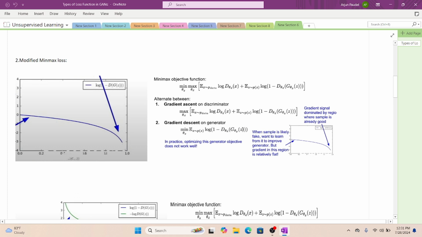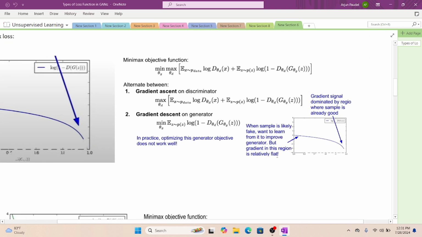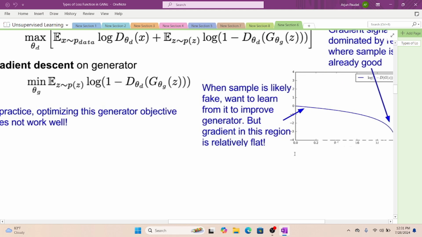We will not use this objective anymore. In practice, this objective for the generator does not work well. Why it doesn't work well is because when our sample is fake, the gradients here are very flat, which will not help the generator to become better.